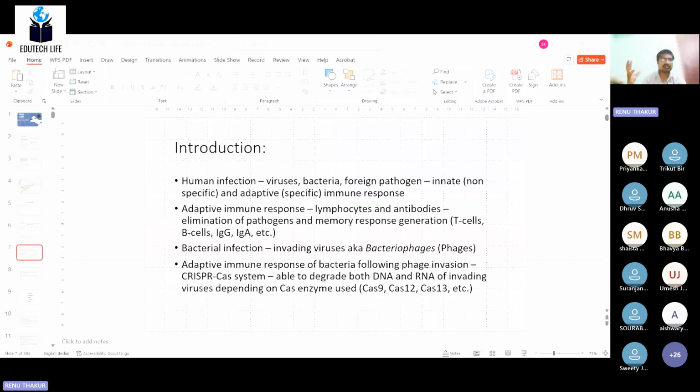At that time, the host mechanism of the bacteria itself can produce some kind of enzymes or proteins. That particular product, enzyme or protein goes and interacts with the viral DNA, and the viral particles are broken down. This is a normal process during the infection.